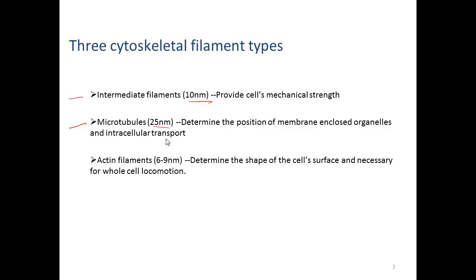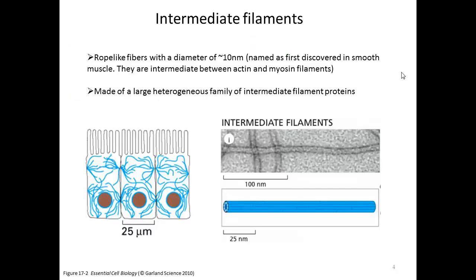Organelles and proteins that need to be transported to different parts of the cell hitch on for a ride along microtubules. Finally, there are actin filaments, which have the smallest diameter. They are contractile. They interact with myosin in muscles. They have both structural and dynamic functions and play a particular role in whole cell locomotion.